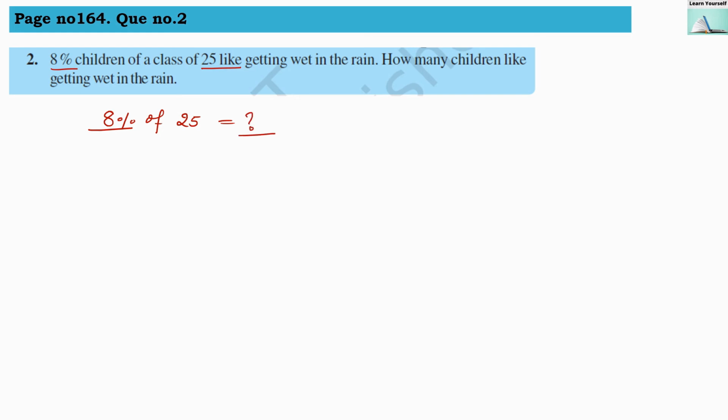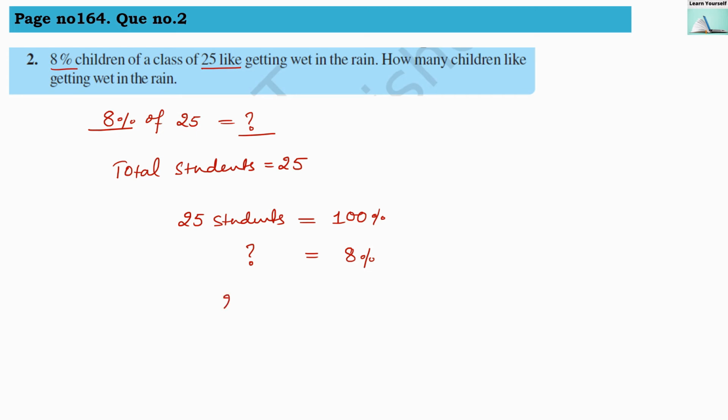With the unitary method also we can find it. Total students are 25, so that strength is 100%. So we have 8% children who got wet in rain. So which number will it be?